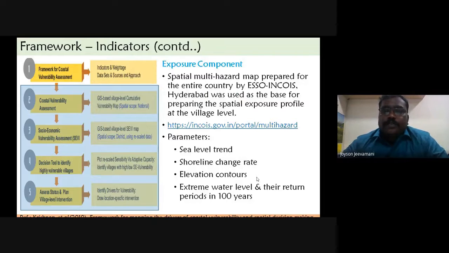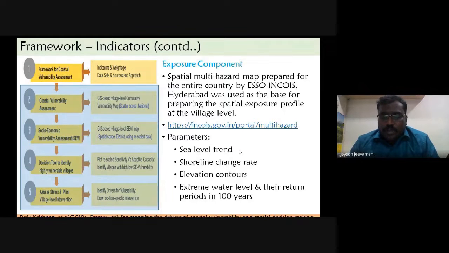So the first part is the exposure component. As I already told, for the exposure component we use the spatial multi-hazard map, which is prepared for the entire country by ESSO INCOIS, Hyderabad. Basically, it has these parameters: sea level trend of the area, shoreline change rate, elevation contours, and extreme water level with a return period of 100 years.